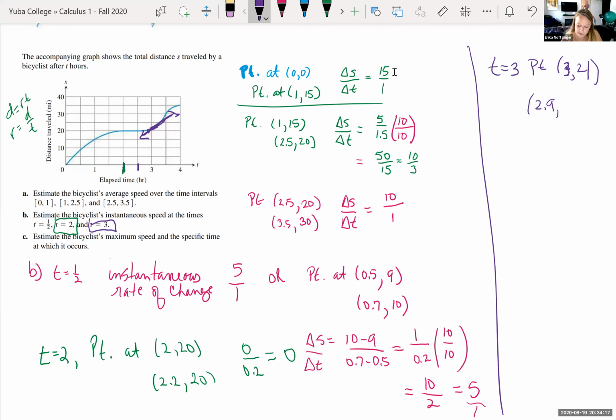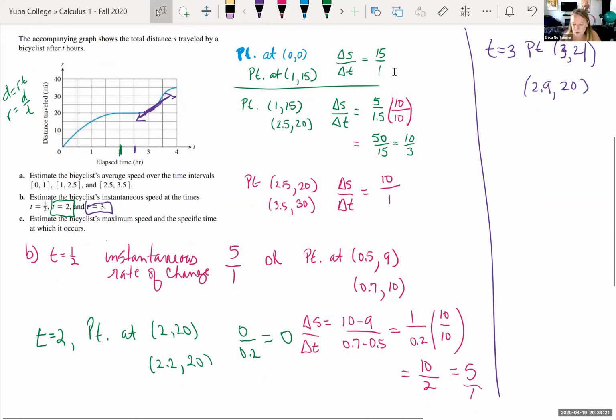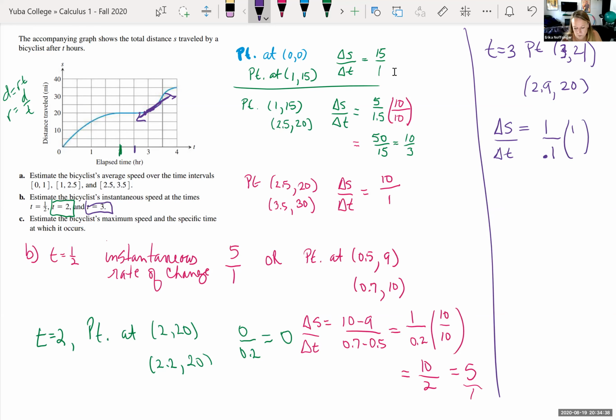And they were only at 20 miles. So if we look at rise, they went from 20 miles to 21 miles. So that's 1 mile. And the change in the time there, well, they went from 2.9 hours to 3 hours. That's 0.1 hour. So they're going about 10 miles per hour there.